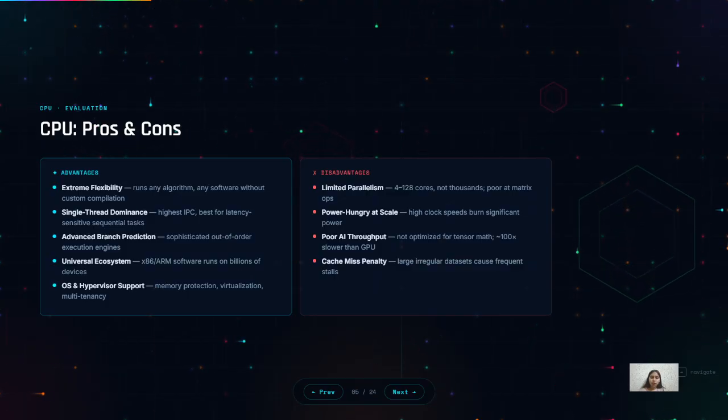But compared to GPUs or TPUs, CPUs struggle with parallel AI workloads. A CPU might have 8 or 16 powerful cores, while a GPU can contain thousands of small parallel cores. That's why CPUs are the brain of the system but not the fastest AI engine.